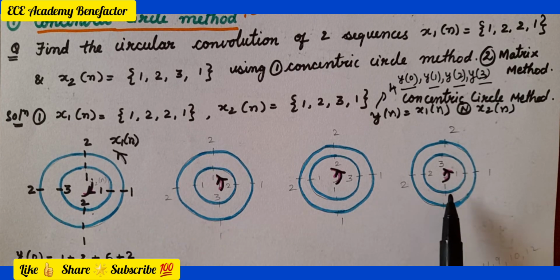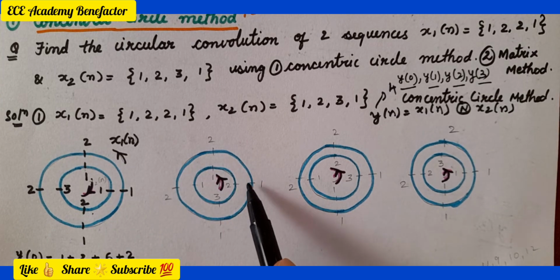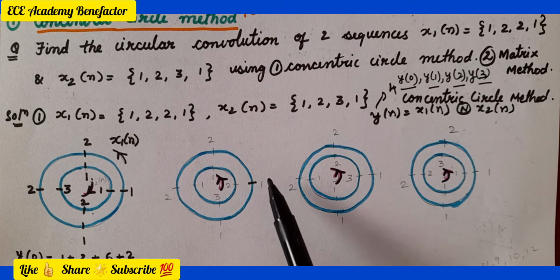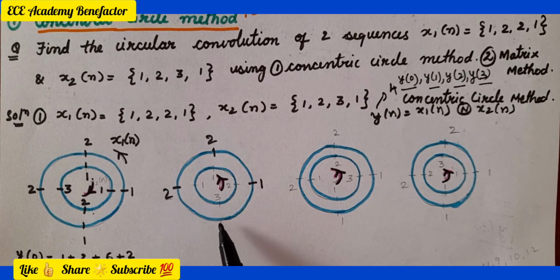In all the 4 steps, x1 of n is plotted on the outer circle in the anti-clockwise direction, that is 1, 2, 2, 1.